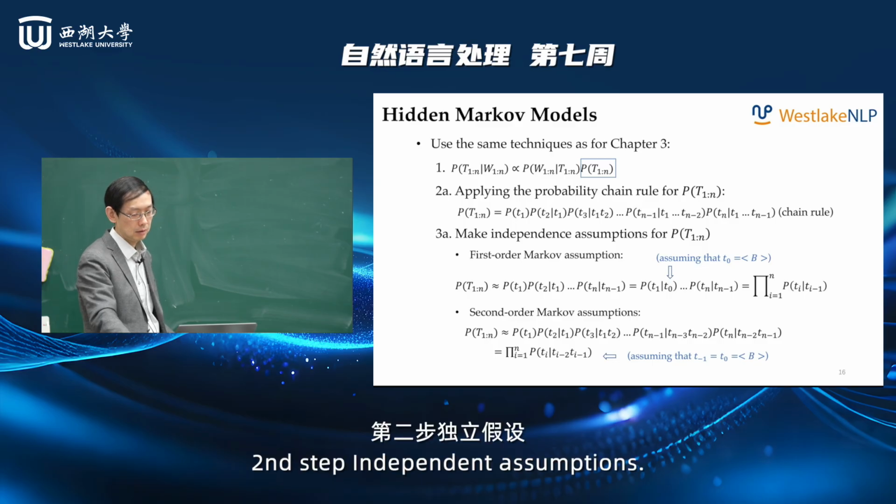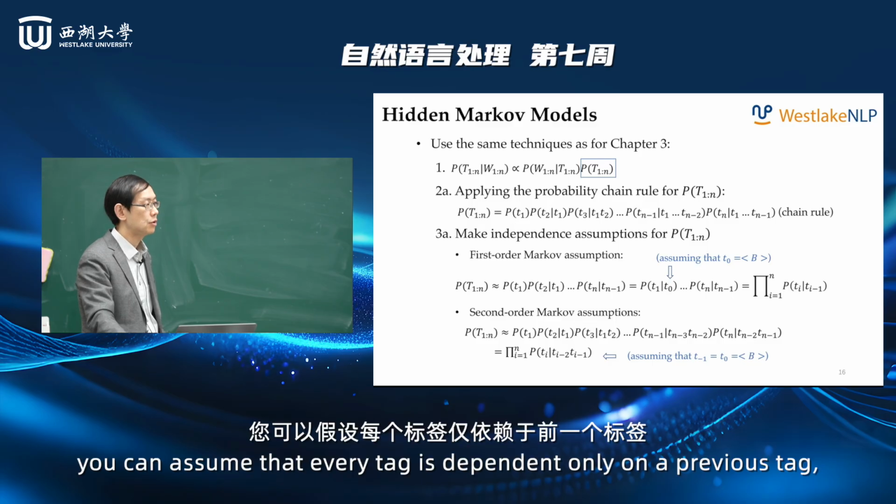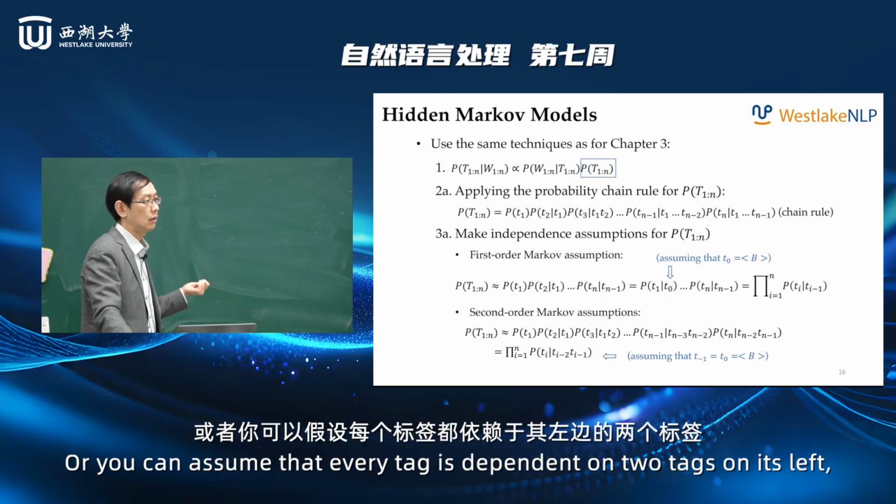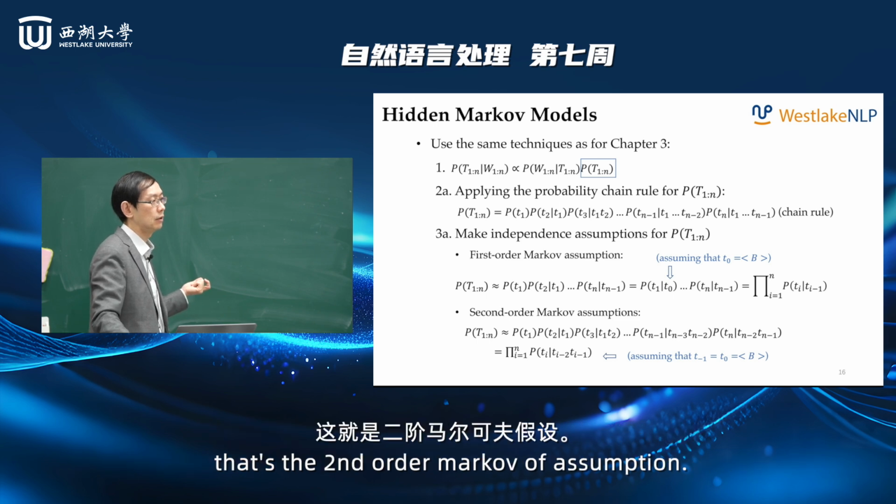Second step, independence assumptions. You can assume that every tag is dependent only on the previous tag. That's the first order Markov assumption, right? Or you can assume that every tag is dependent on two tags on its left. That's the second order Markov assumption.